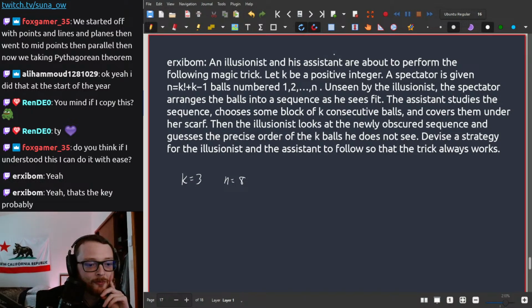So let's say our sequence is human RNG's best RNG, right? Okay, this doesn't feel... Oh wait, this is two. We had 2 6s and no 3s. So the assistant can cover up 3 of these numbers. And the illusionist needs to guess the sequence in order. Wow.